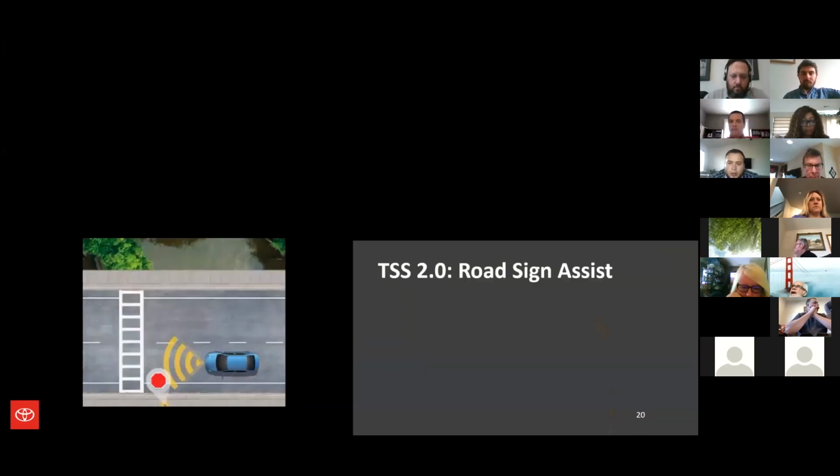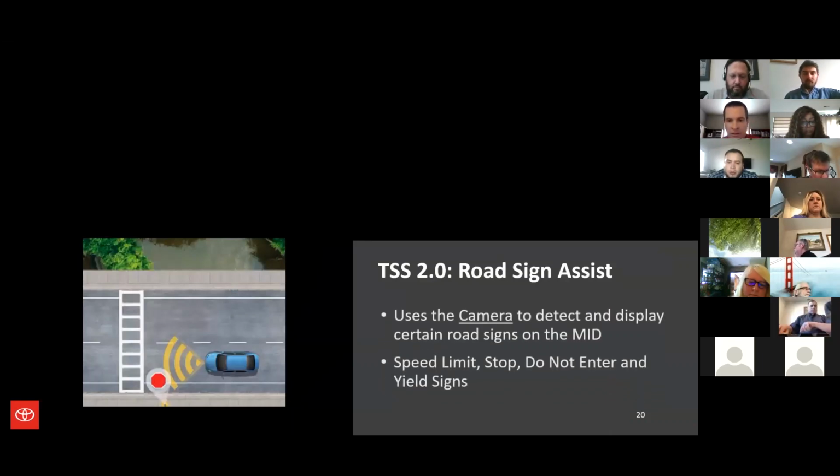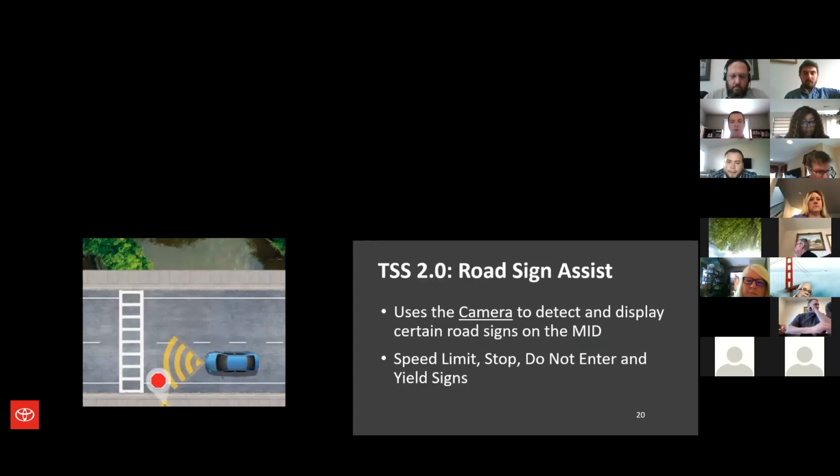And this is the last feature in TSS 2.0, and it's my favorite, road sign assist. It's my favorite for several reasons, because we road warriors utilize these technologies a lot. Road sign assist uses the camera to detect and display certain road signs.